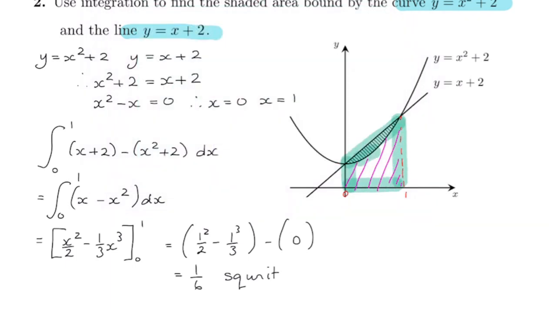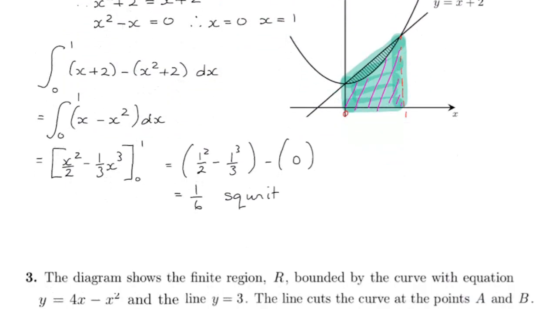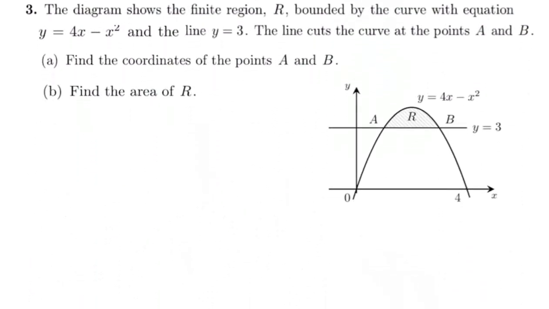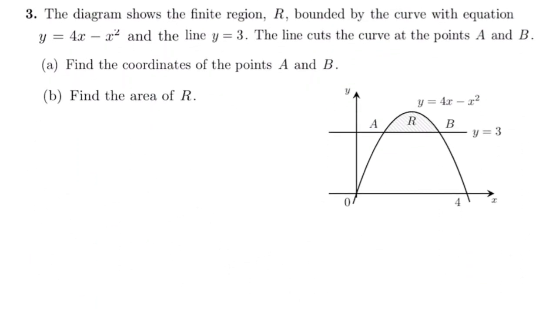So you all know how to find the area of the trapezium. So if you did the area of the trapezium minus the pink stripy area, you would get 1/6 of a square unit.